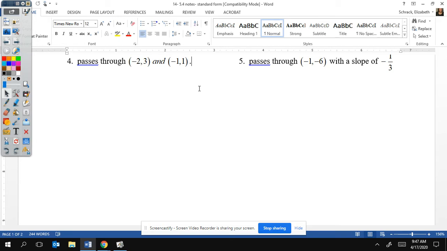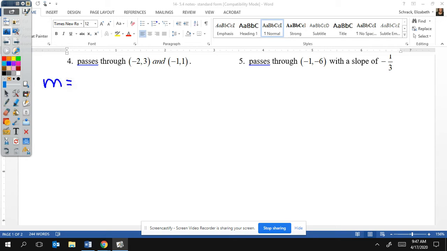We're going to start by finding the slope since we're given 2 points. Once we find the slope, we can use one of these points to find our b value, put it in slope-intercept form, and then change it into standard form. I know it's a lot of steps. So let's start by finding the slope of number 4.